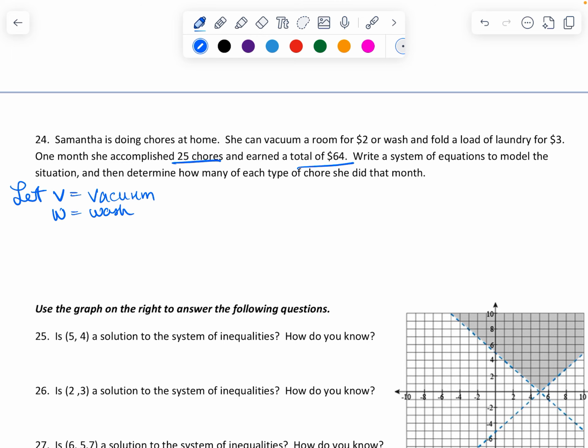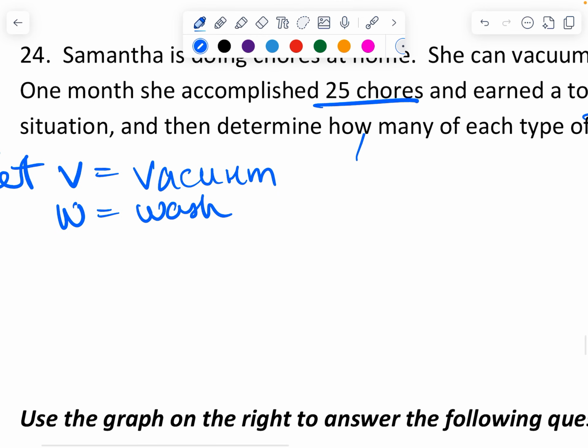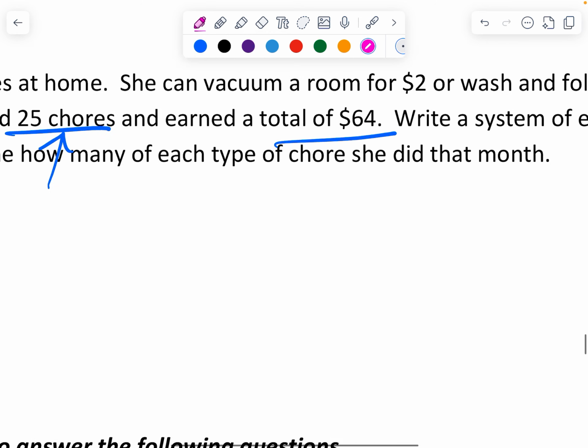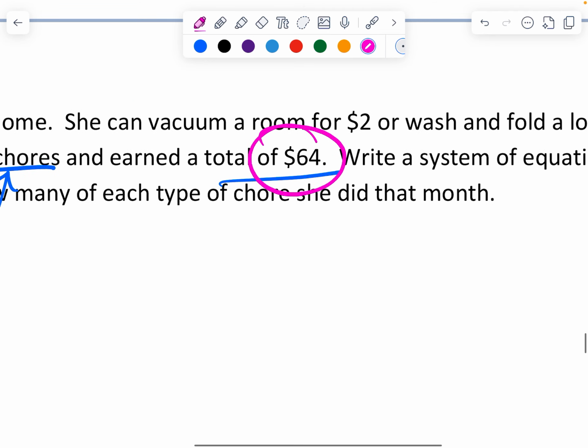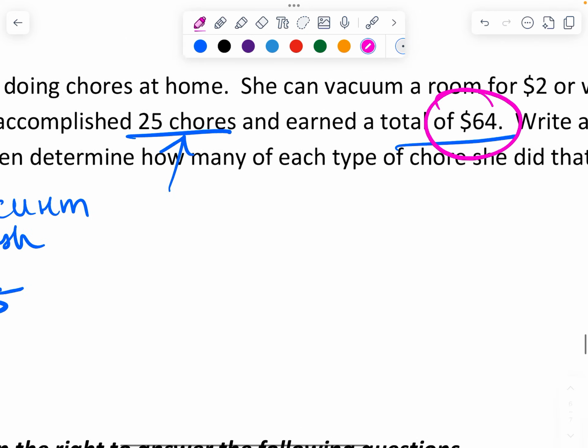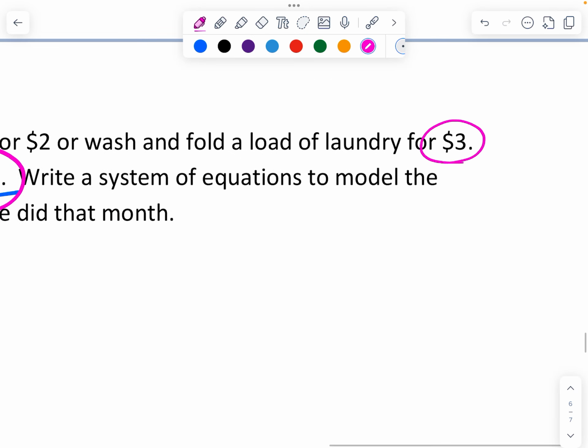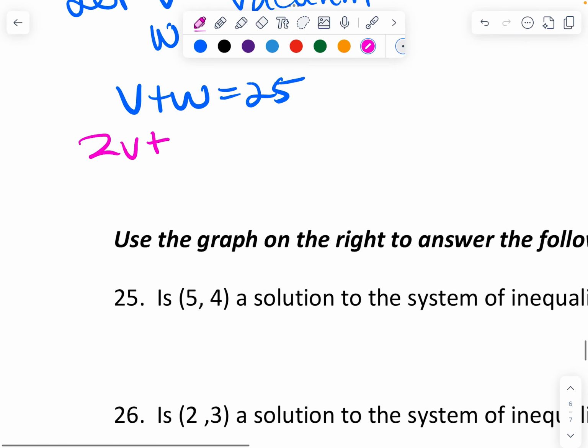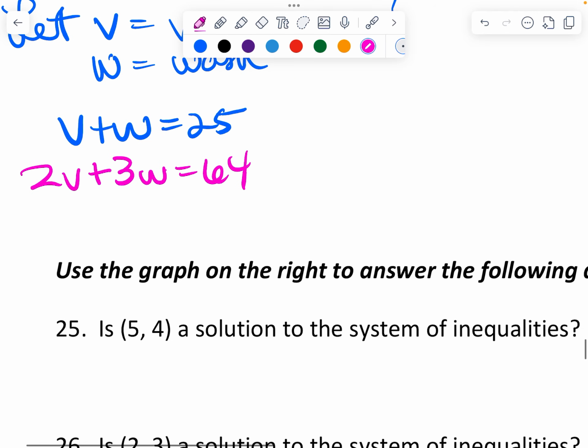So how many total chores did she do? She did 25 chores right here. So V plus W is going to equal 25. Then how much money did she get? $64. So she can vacuum a room for $2, so 2V plus, she can get $3 for washing and folding, and she's got a total of $64. Okay, I don't care how you solve it.